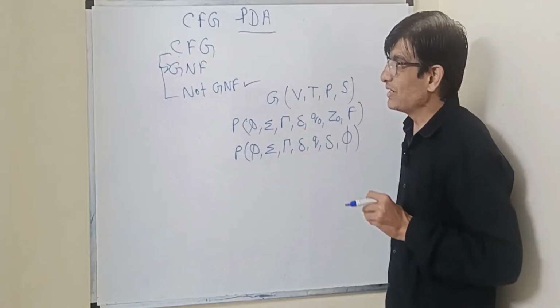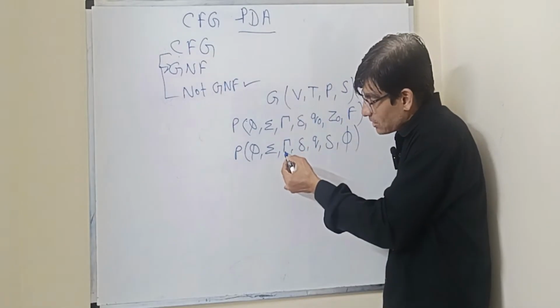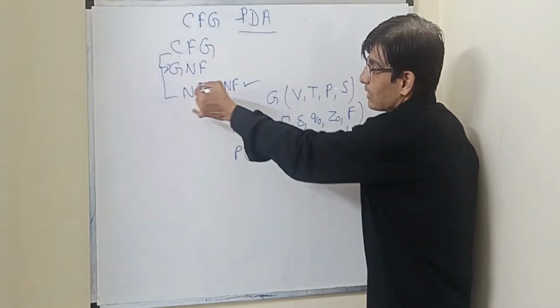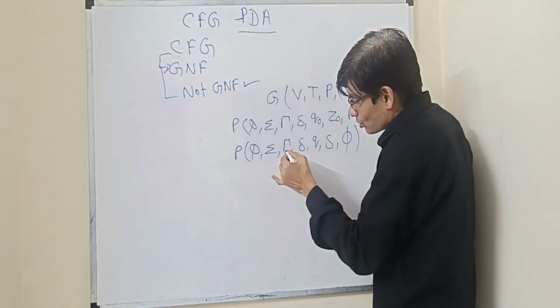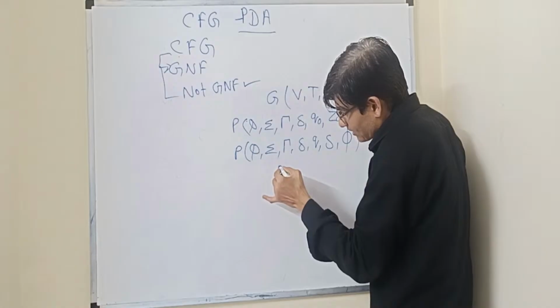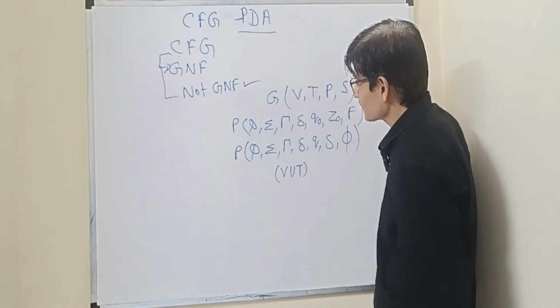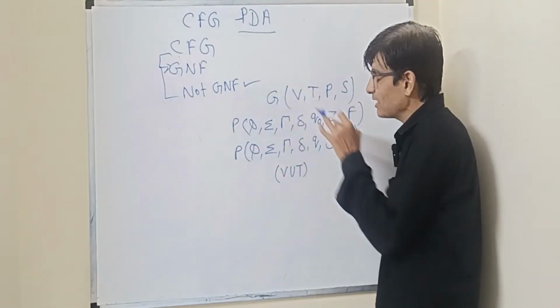Now this gamma, in case of a grammar not in GNF, will be the union of V and T, both variables and terminals of the grammar.